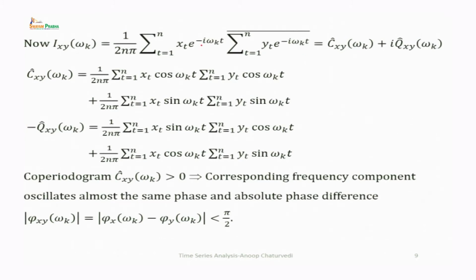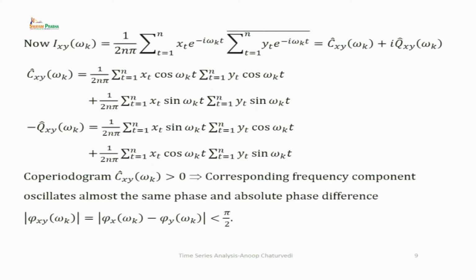So, when you multiply the cos term of this summation with the cos term of the other summation, you get the real part, or you multiply the term involving sin of this summation with the sin term of the other summation, then you get the real part. So ĉ_xy(ω_k) is 1 upon 2nπ summation x_t cos ω_k t summation y_t cos ω_k t plus 1 upon 2nπ summation x_t sin ω_k t summation y_t sin ω_k t.